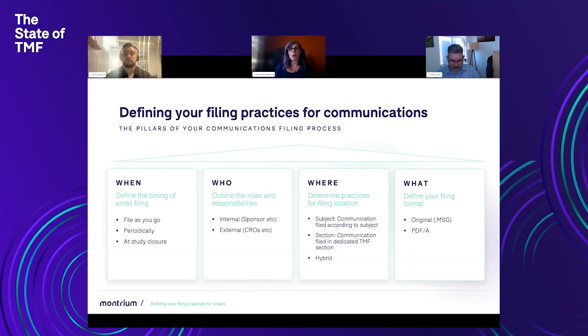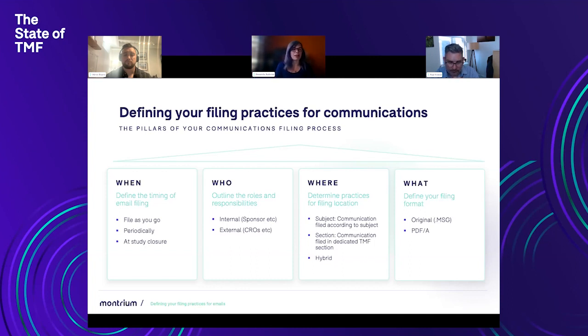So you've got 3 options, basically: file as you go, periodically on a regular basis, or at study closure. All of these options have risks and benefits, in my experience. My personal suggestion is file as you go, because this is the principle of timeliness of the TMF.